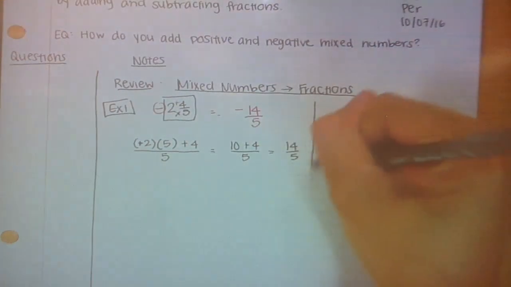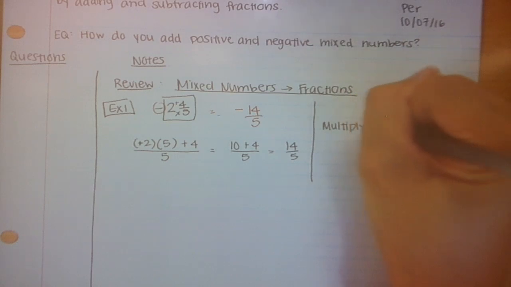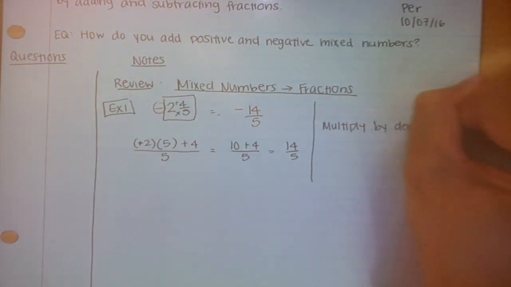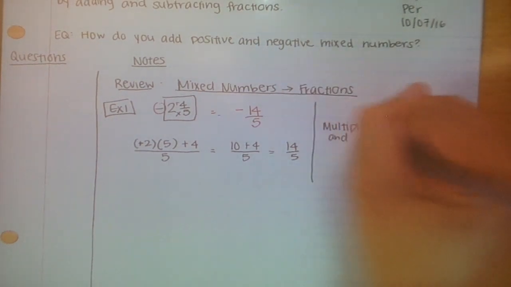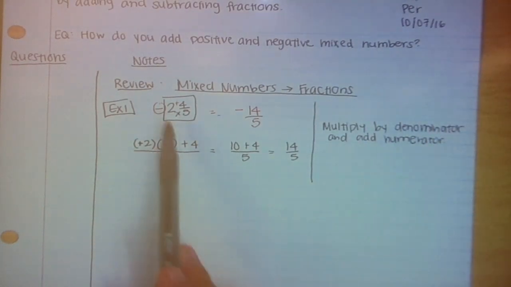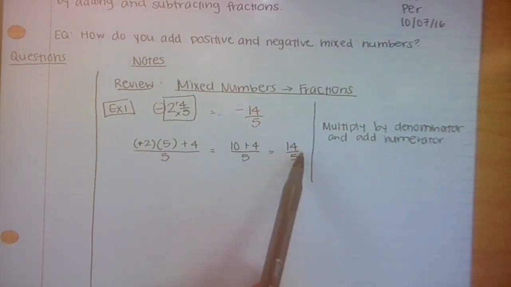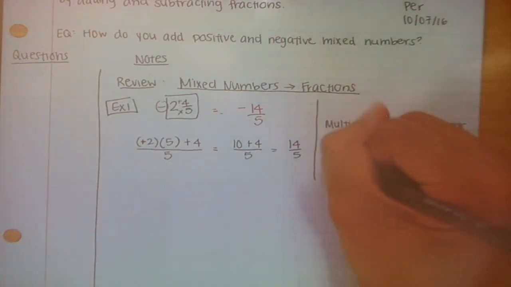So our justification is we multiply by the denominator and add the numerator. So we did 2 times 5 and then we added 4. 2 times 5 is 10 plus 4 is 14. Then the denominator stays the same.